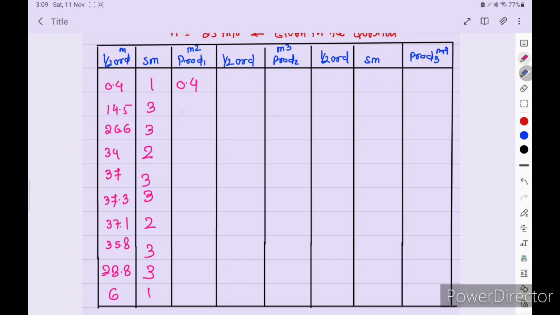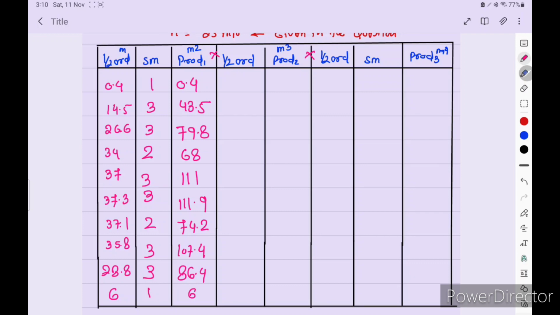So we get 0.4, 43.5, 79.8, 68, 111, 111.9, 74.2, 107.4, 86.4 and 6. Same again, we have to write half ordinates and then multiply with this, and again multiply this, so we get product 3.